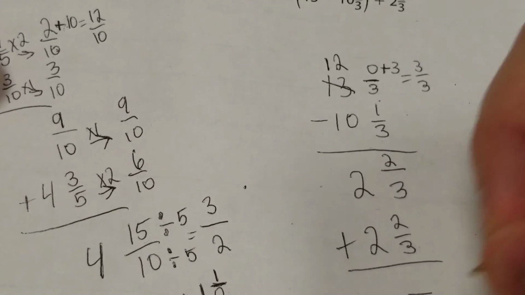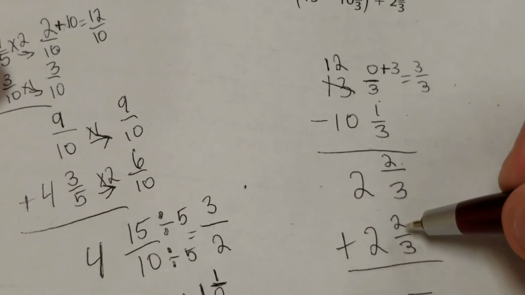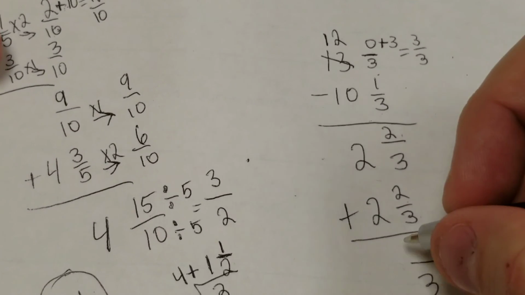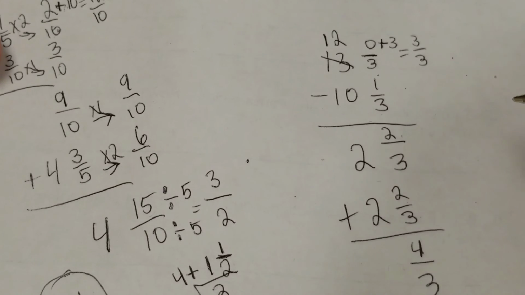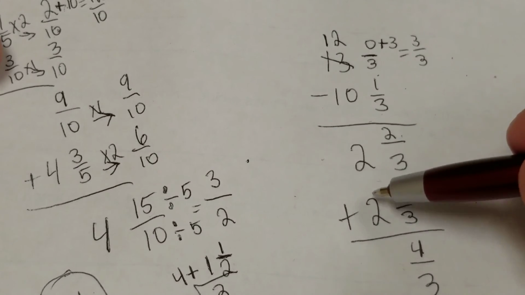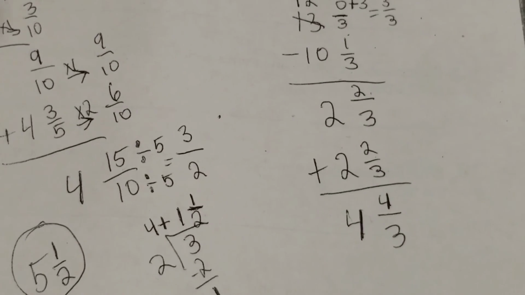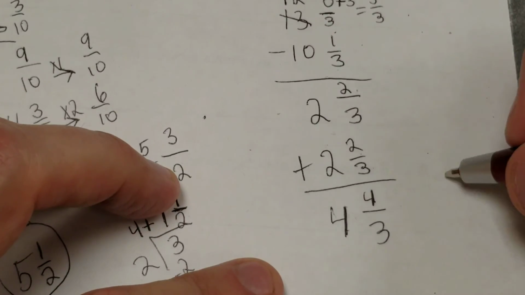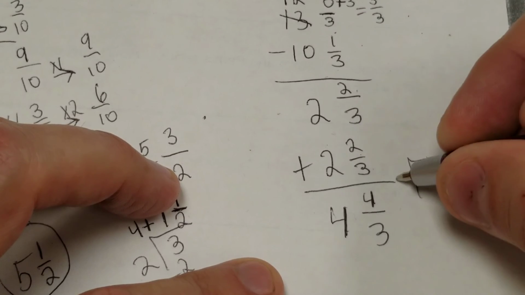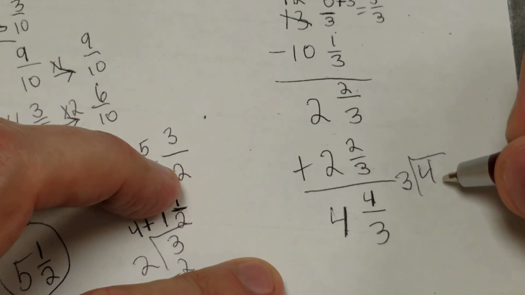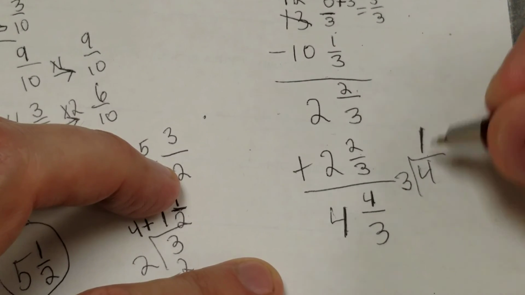Our answer is thirds. We add 2 pieces. We're adding 2 pieces. We have a total of 4 pieces. And then we have 2 plus 2, which is 4. So we're left with 4 4/3. Again, 4 thirds is improper. How many times will 3 fit into 4? 1 time.